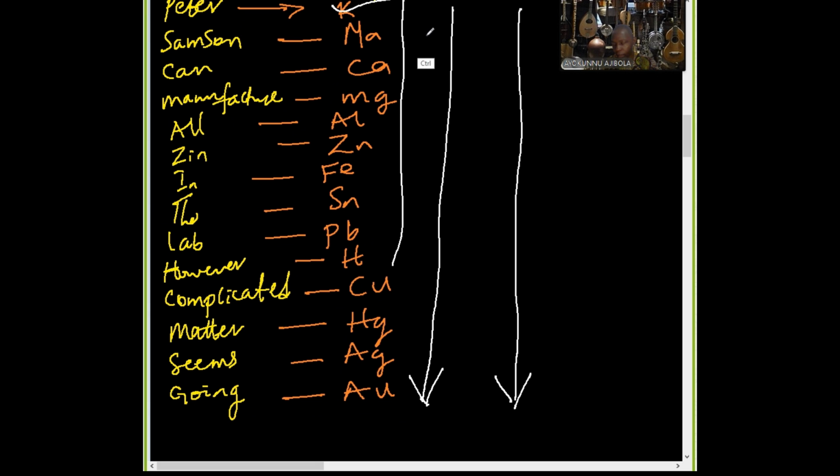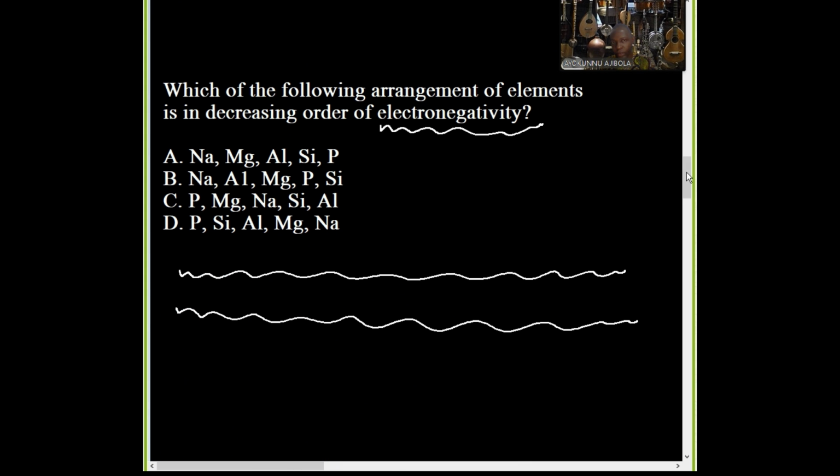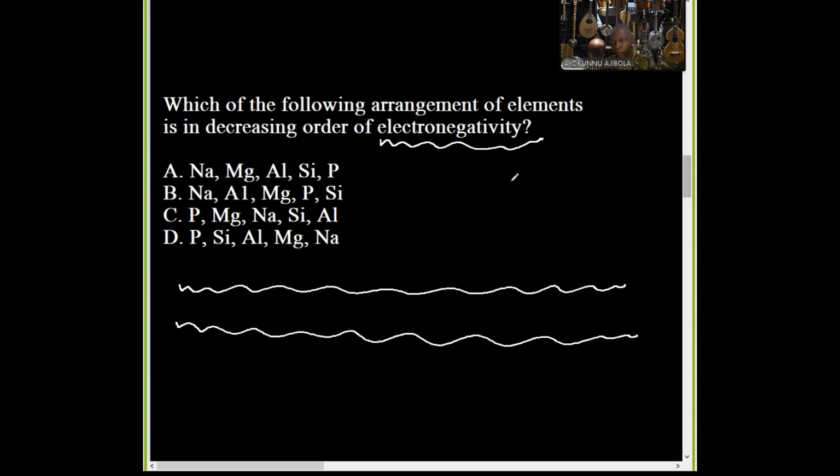Is that clear? Then if electropositivity is increasing, that means electronegativity is decreasing. So let's now consider these options. Can you hear me? Yes, sir.